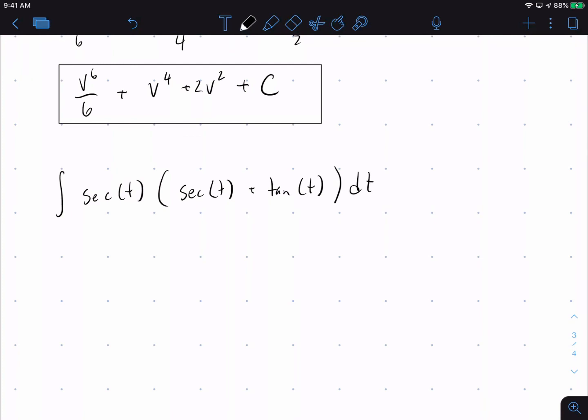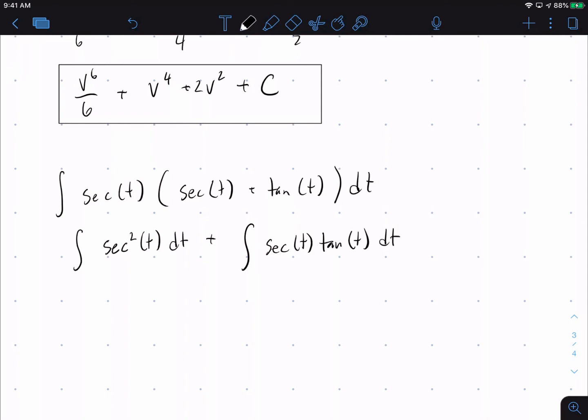And so when I do this problem, what I'm going to get is the integral of secant squared of t dt, let me erase that real quick, my apologies, plus the integral of secant of t times tangent of t dt.